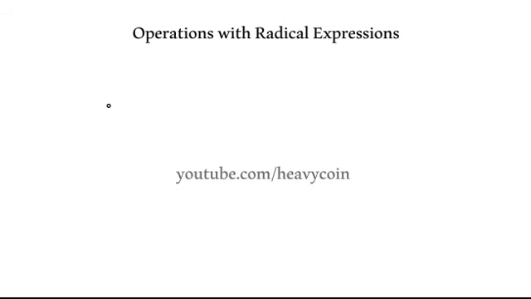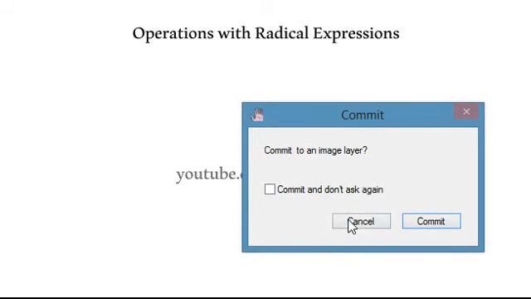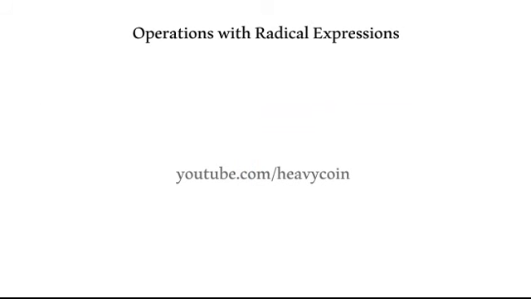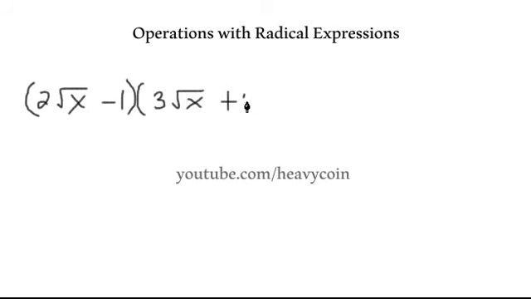Let's go ahead and clear the whiteboard on that. And let's look at another one here. What about if I had, not to forget that, if I had 2 times the square root of x minus 1 and 3 times the square root of x plus 4, and we want to multiply these together.